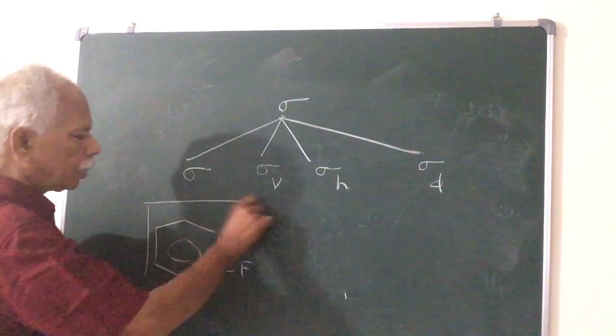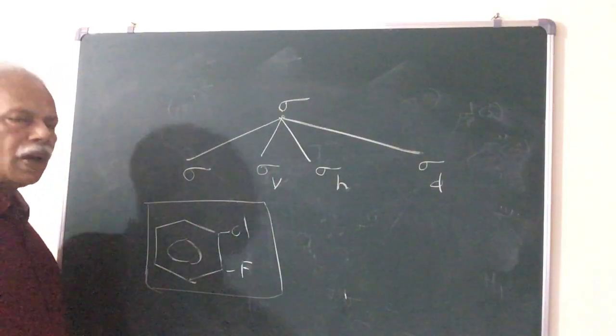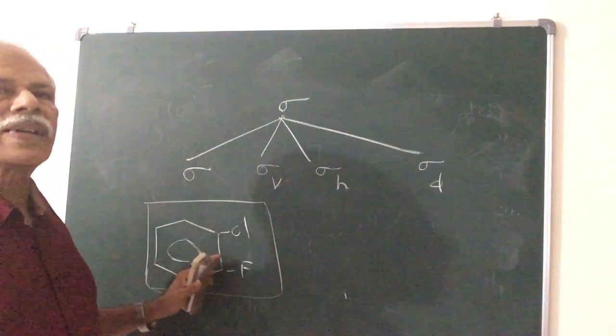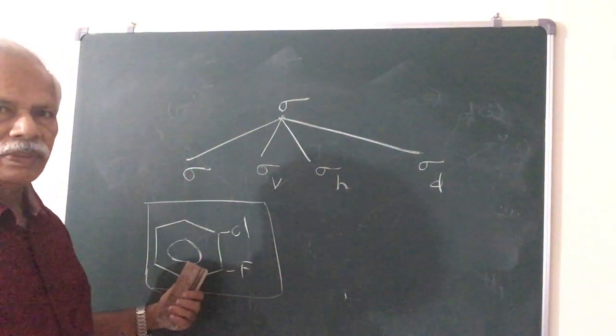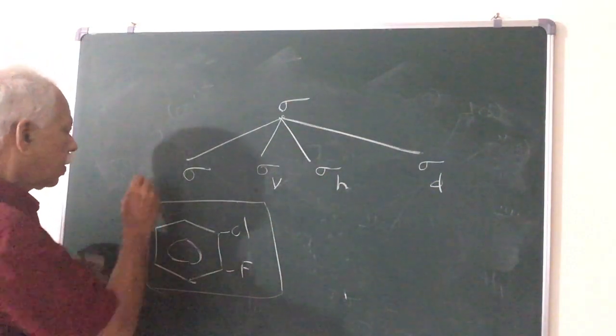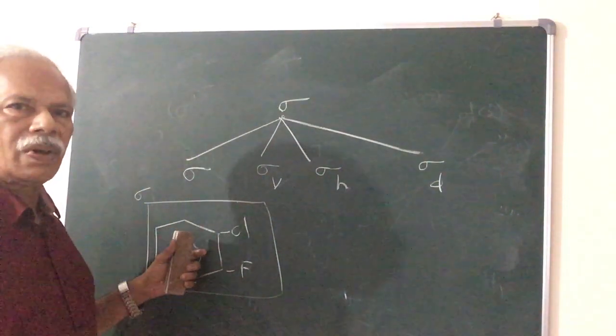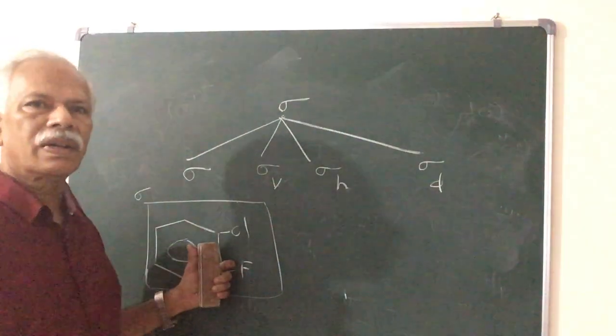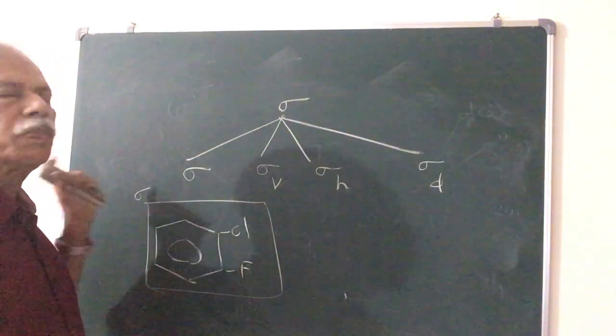It is a planar molecule, and any planar molecule has the very molecular plane functioning as a plane of symmetry. Because it has no axis or any other symmetry elements contained in it, this plane is simply called sigma.